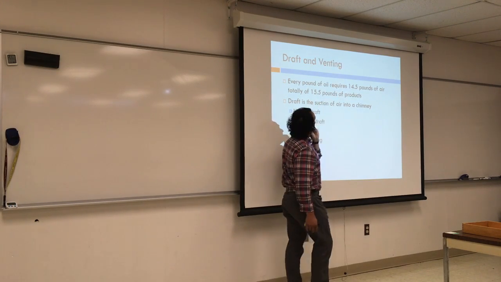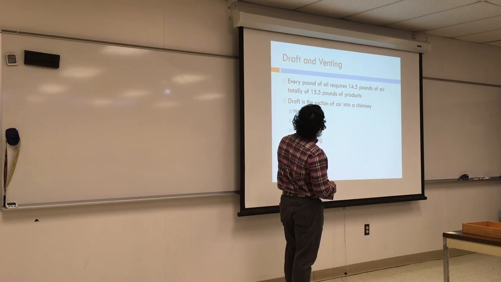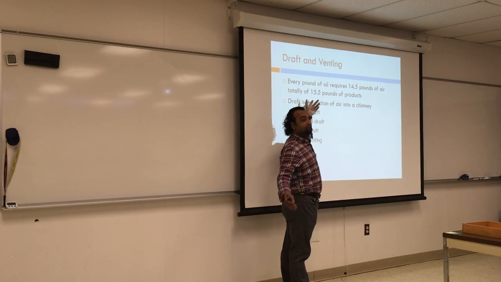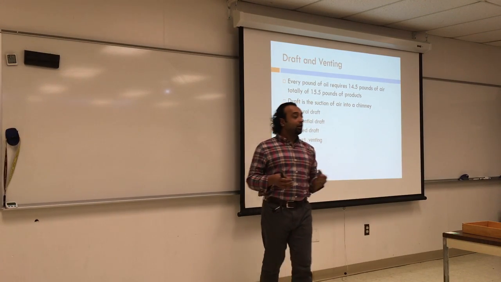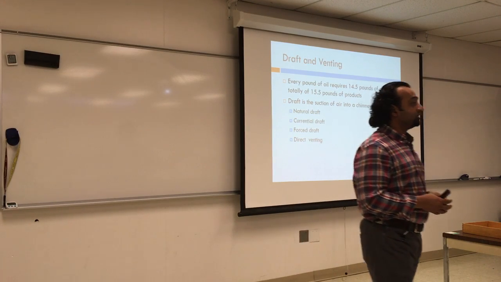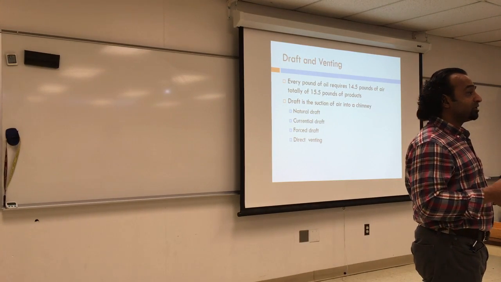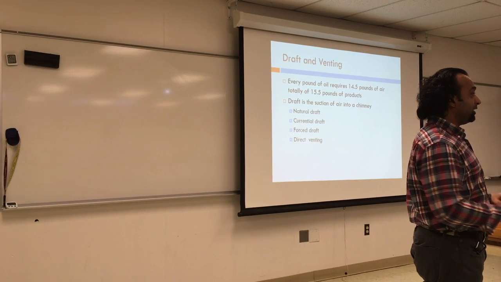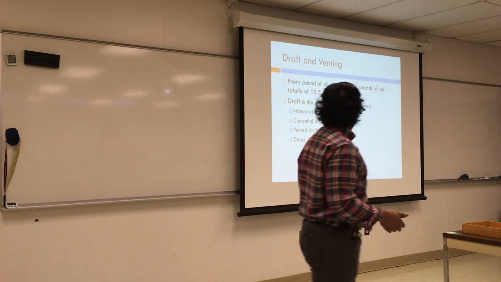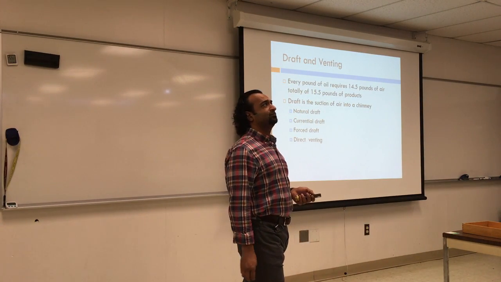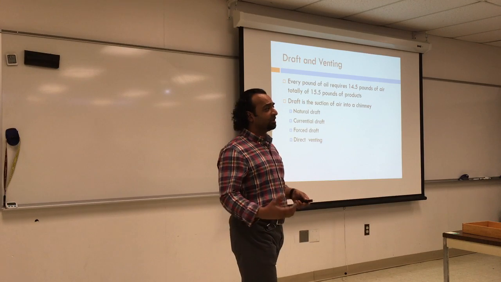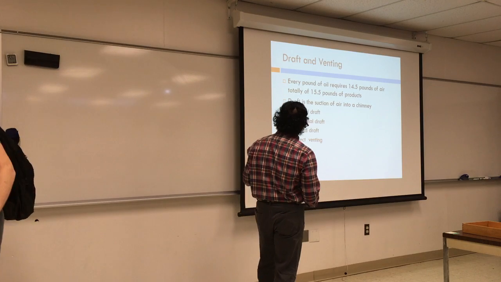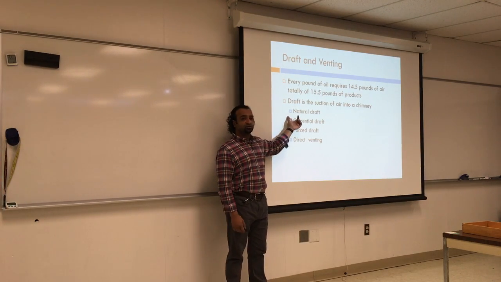In total, you'll get 1 plus 14.5, so 15.5 of combustion air coming out of your chamber. You'll be blowing in 14.5 and you're burning 1 pound. 1 pound of oil is around 1/8 of a gallon. That's just to give you an idea of how much air you need to vent and how big of a vent you need.